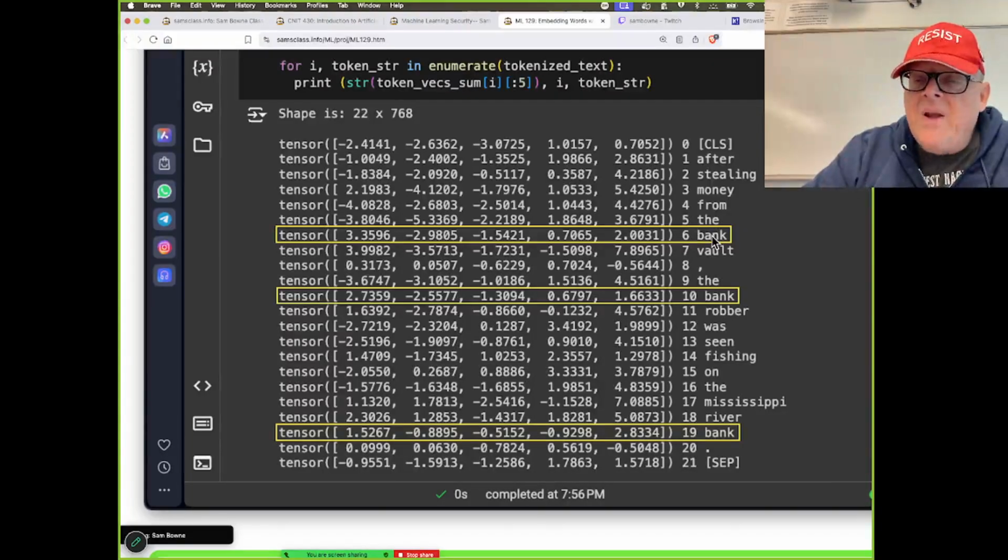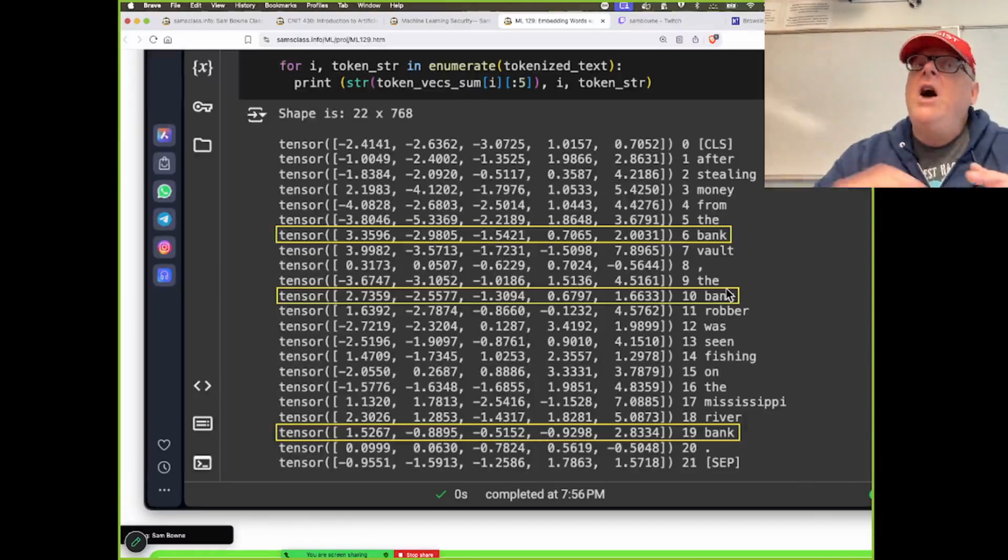The bank here has the first dimension as 3, the next one is -3, and then -1. And this one is very much the same, 3, -3, -1, because these 2 uses of the word bank have the same meaning. But this is the side of a river. It's completely different. So it's 1.5, -1, -0.5.